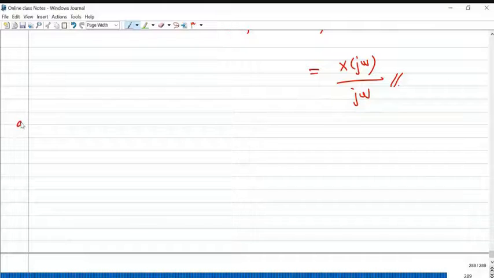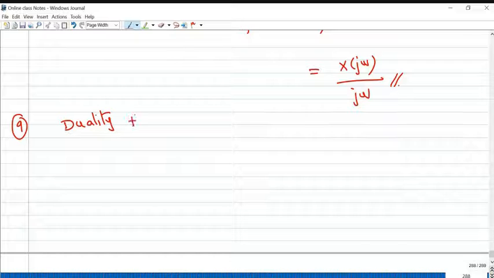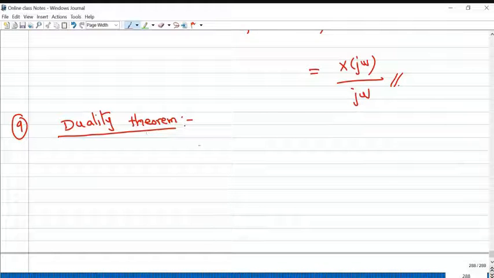So property number 9. It's a very important property for solving problems. Duality property, or otherwise called the duality theorem.